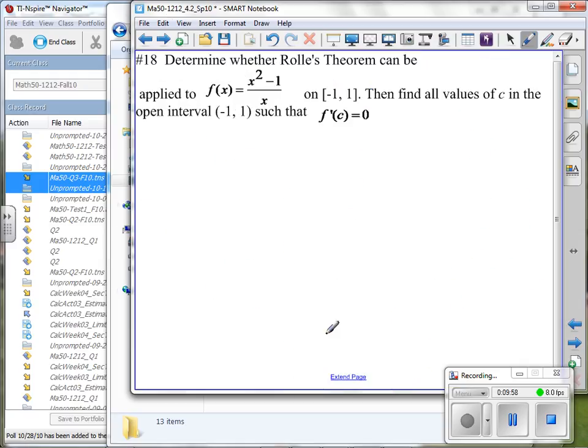Now, determine whether Rolle's theorem can be applied to this function. Once again, is it continuous? So the first thing we have to consider is: is it continuous?